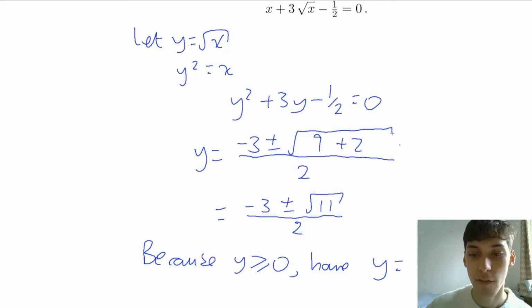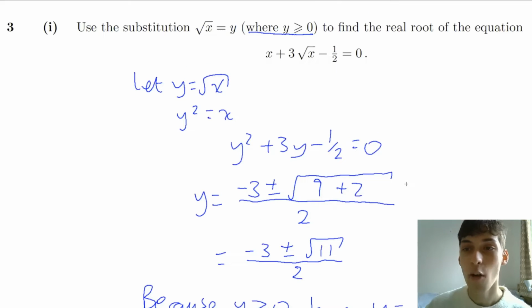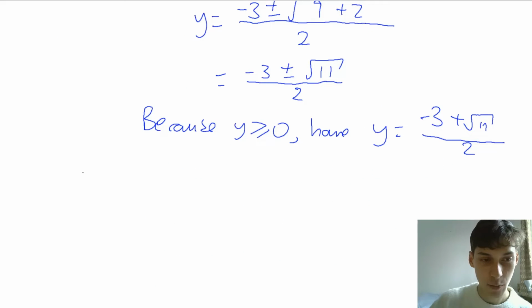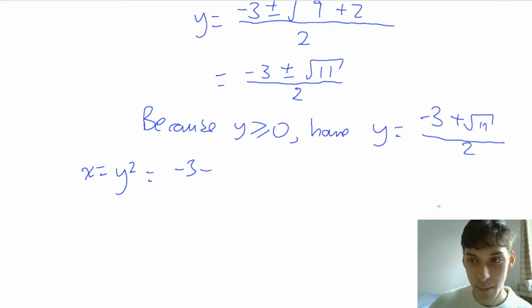Okay, so we've got our value of y. Now this isn't sufficient. It wants us to find the real root of the equation in x, so we do need to give a value of x. But luckily we did write down earlier from our substitution that y squared is equal to x. So to find x we need to square our value of y. So we have x is equal to y squared, which is minus 3 plus root 11 all over 2, squared.